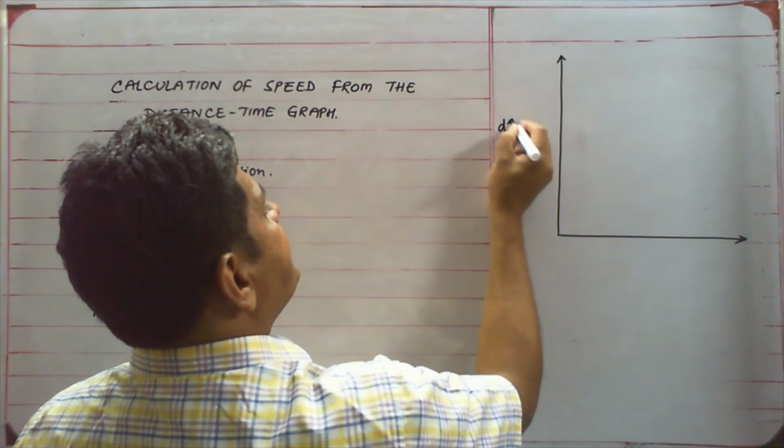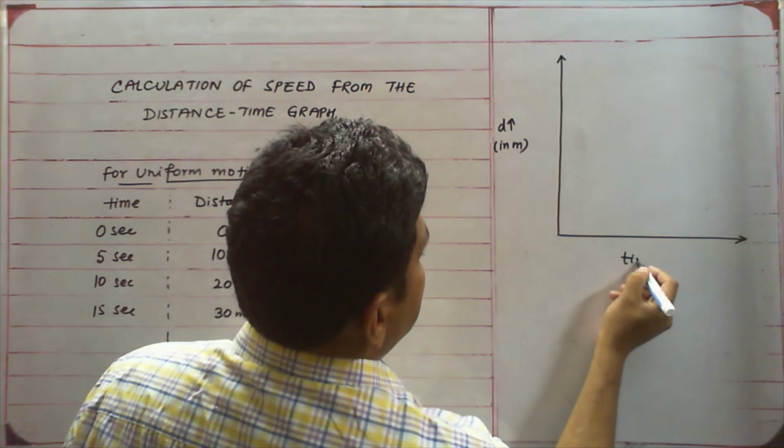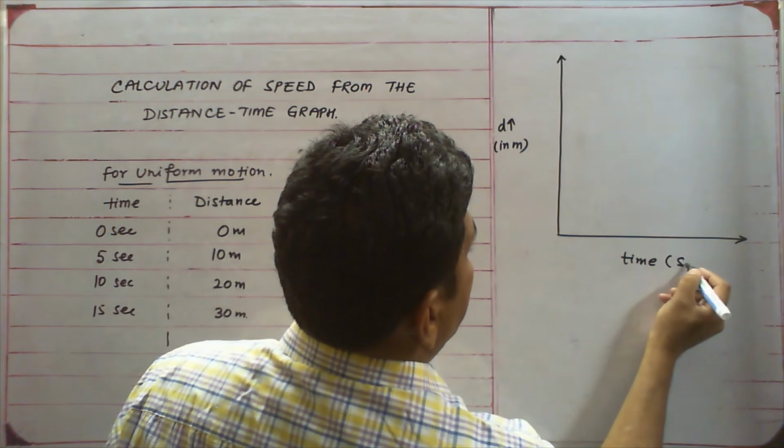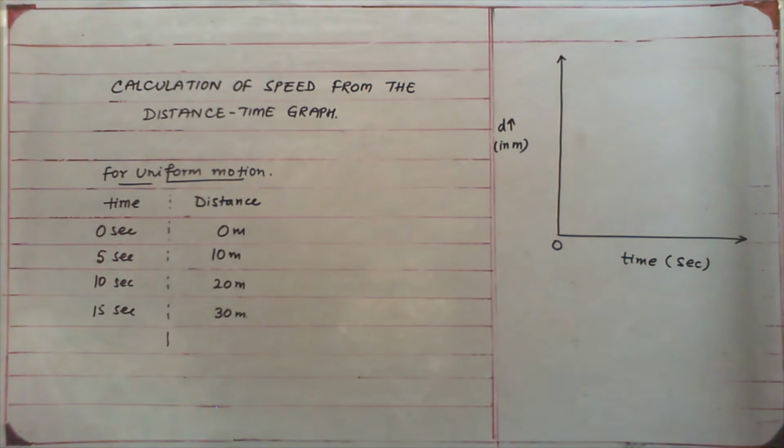This is distance in meter, this is time in seconds, this is origin. At 0 second it is 0 meter.